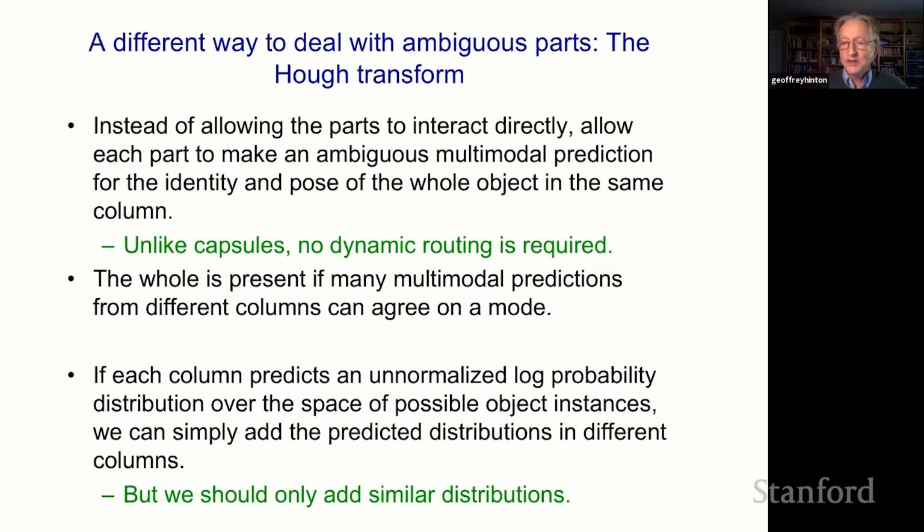And so now if you have a whole bunch of log probability distributions and you add them all together, you can get a much more peaky log probability distribution. And when you exponentiate to get a probability distribution, it gets very peaky. And so very vague basis functions in this joint space of pose and identity, and basis functions in the log probability in that space, can be combined to produce sharp conclusions.